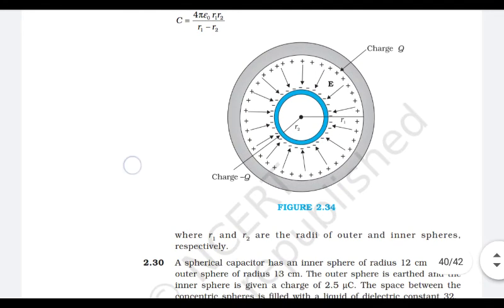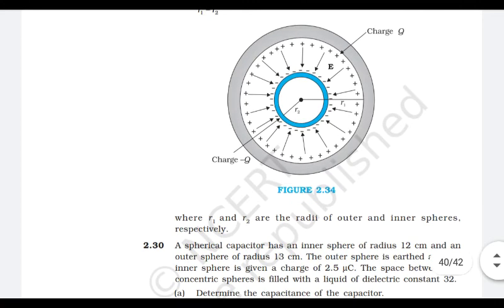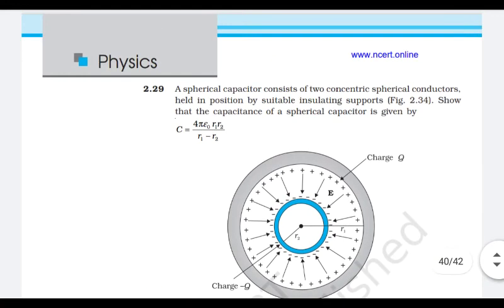It is written where R1 and R2 are the radii of the outer and inner sphere. R1 is for outer and R2 is for inner. So let's see how to get the value.